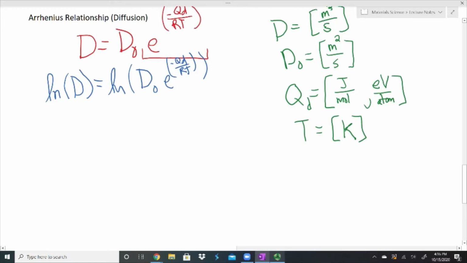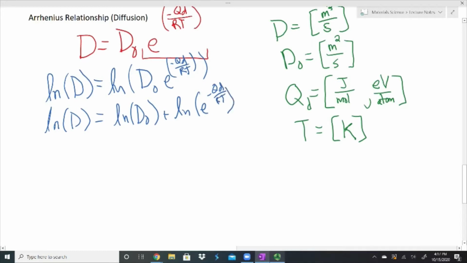All right, I can do my logarithmic rules. I can break this apart. ln D naught plus ln e to the minus QD over RT.